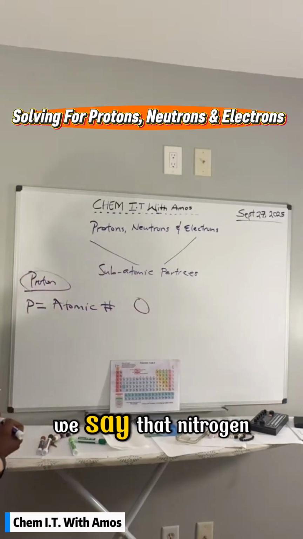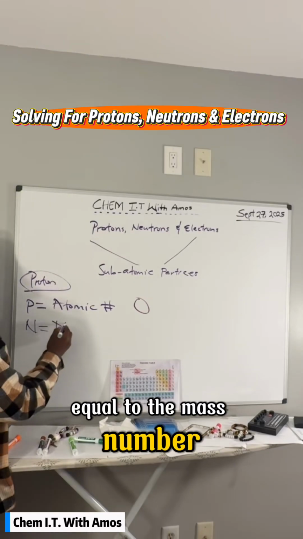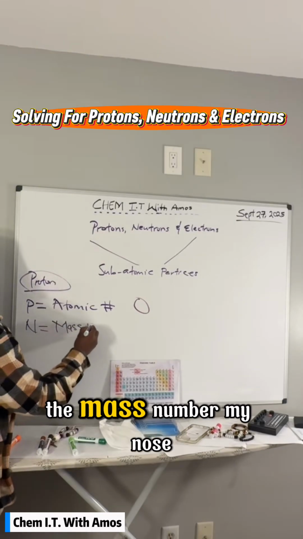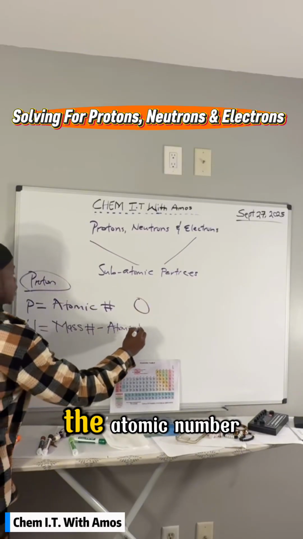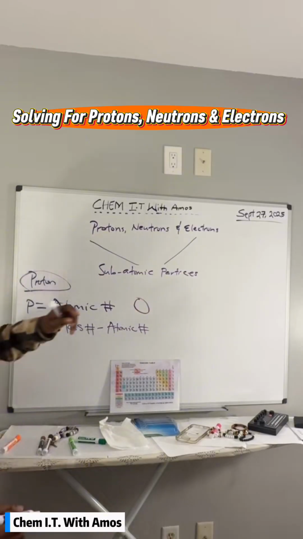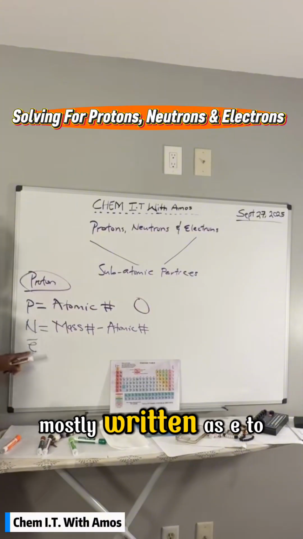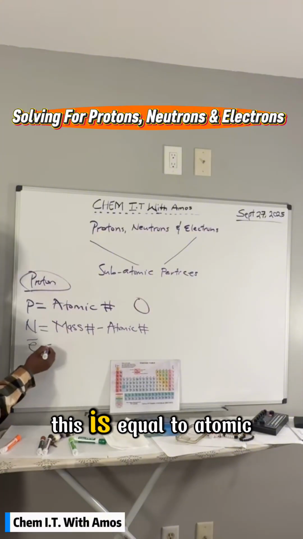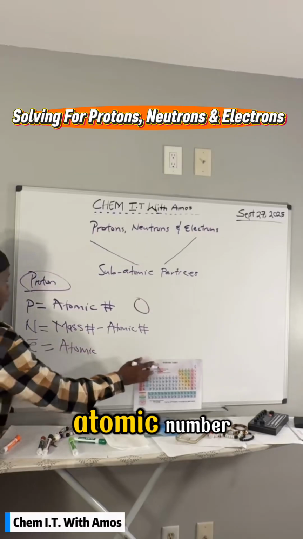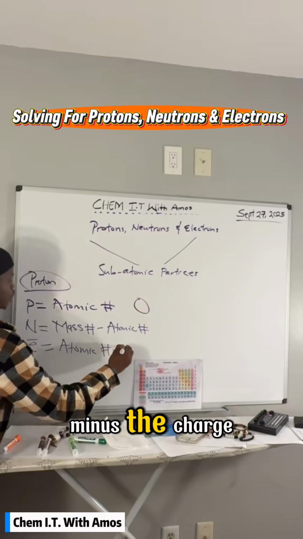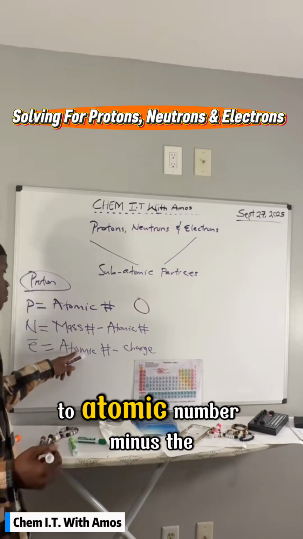To find neutron, which is n, we say it is equal to the mass number minus the atomic number. Then what becomes of electron? We can say that electron, which is mostly written as e, is equal to the atomic number minus the charge, right? So electron is equal to atomic number minus the charge.